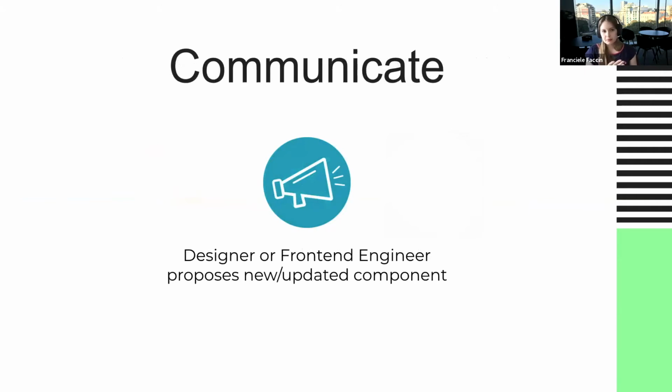So the first step is communication, and that is communicating with the design system team channel in general. So we have this Slack channel, and every time someone, a designer or a developer, sees the necessity of having a new component or reporting a bug or proposing a new change, they can go to the Slack channel.